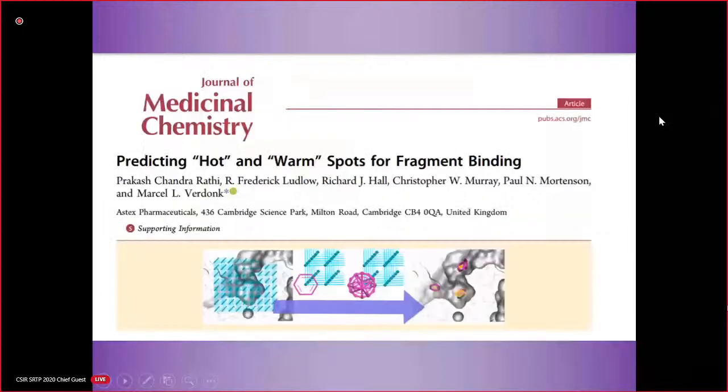So we actually used PLIF to predict fragment binding. Basically, in drug discovery, the fragment-based approach is the one where you start with very small molecules, rather than drug-sized molecules, to screen against your protein.